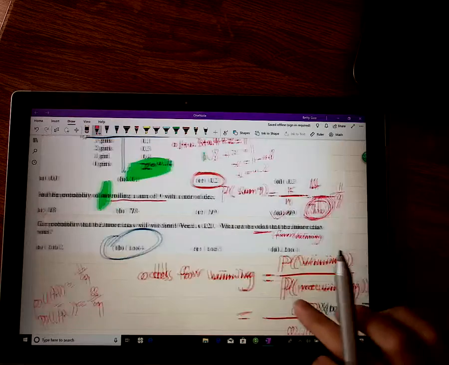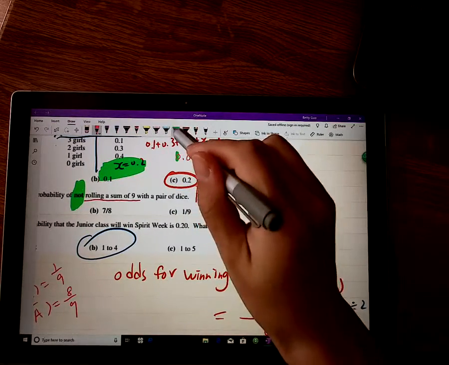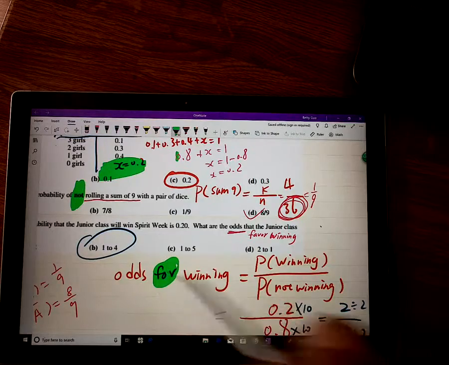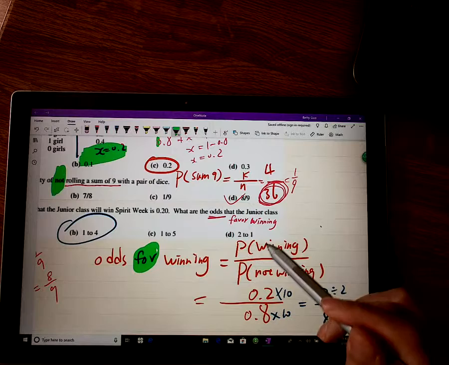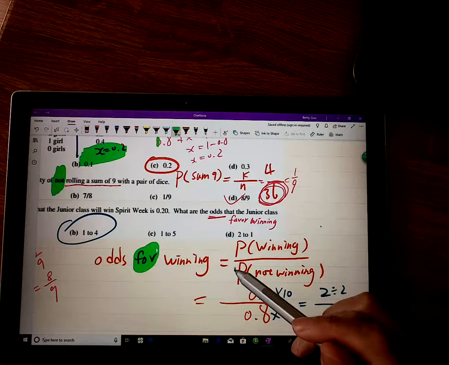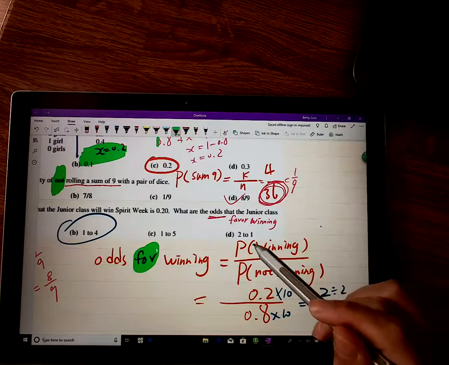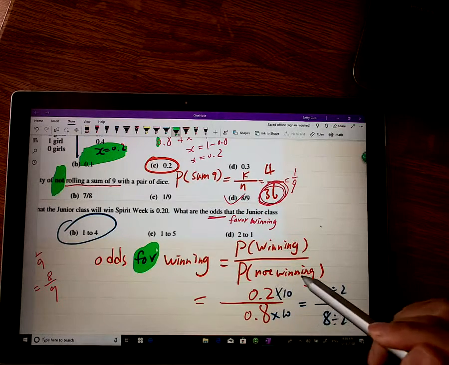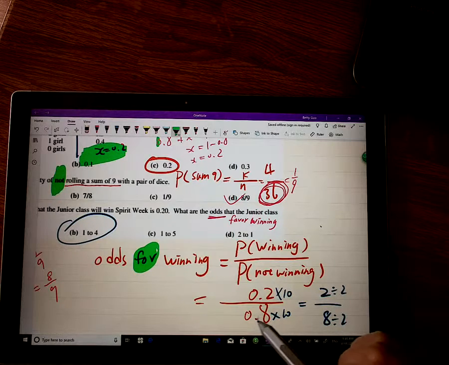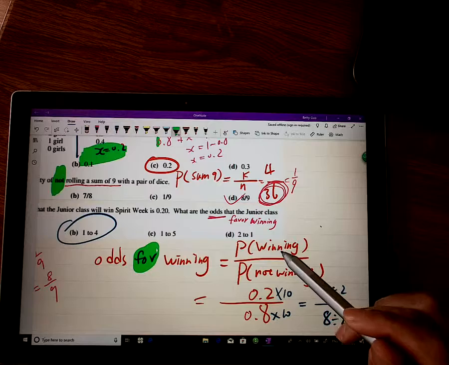By the definition, the odds in favor of winning is the quotient of the probability of winning and the probability of not winning. Given the probability of winning is 0.2, then the probability of not winning must be 0.8, because the two probabilities must add up to 1.